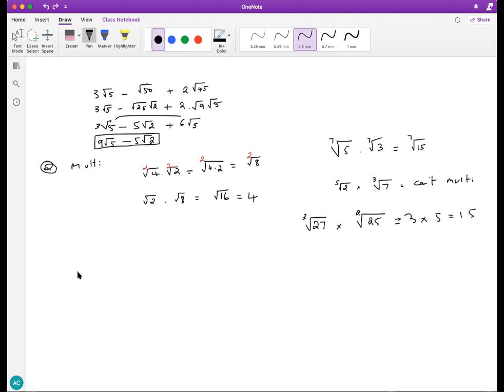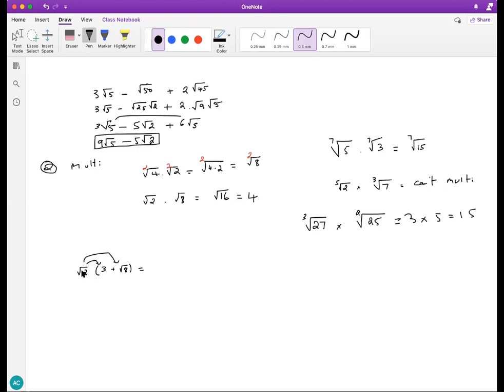let's say, so you have radical 2 times 3 plus maybe radical 8. So this is a multiplication. We have radical 2 times 2 numbers inside. So basically, we're just going to distribute this.